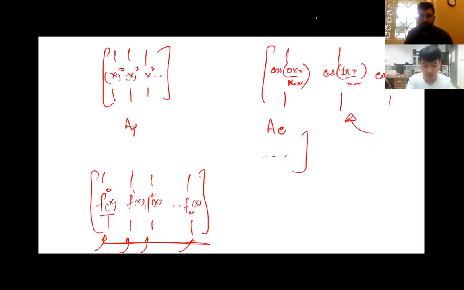Okay. Let's look at another type of basis, another basis that we would actually look at in some examples for today. So these are called Gaussian bases.